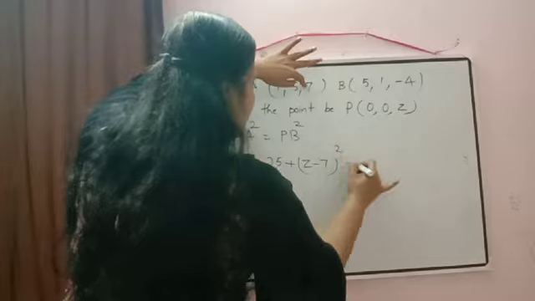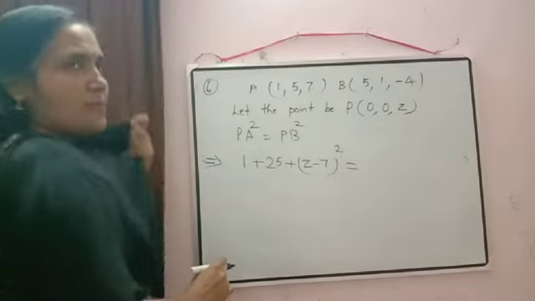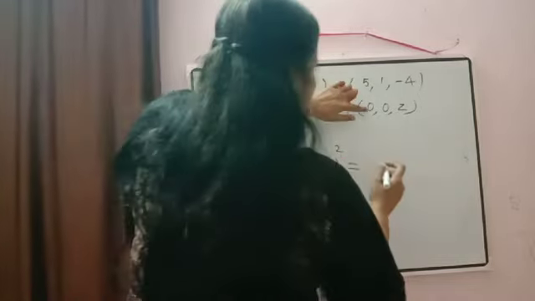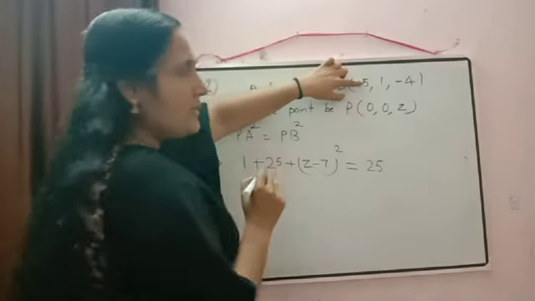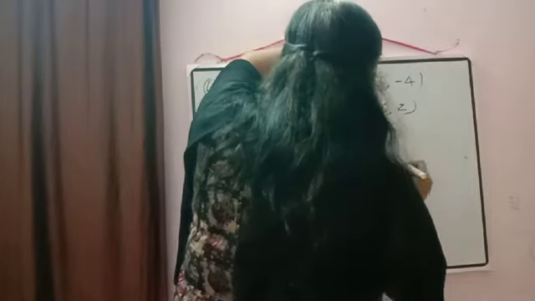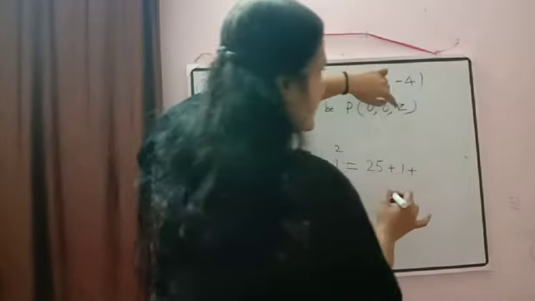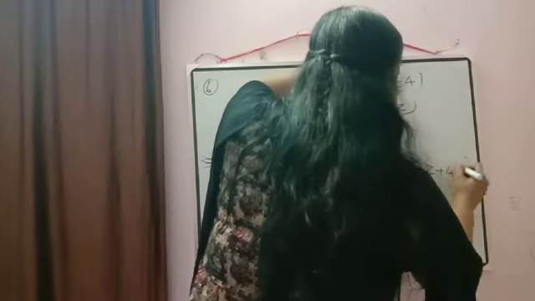This is equal to PB square. So again 0 minus 5 whole square will be equal to 25. 0 minus 1 the whole square will be equal to 1 only, plus z minus 4. Then we will get here z plus 4 the whole square.